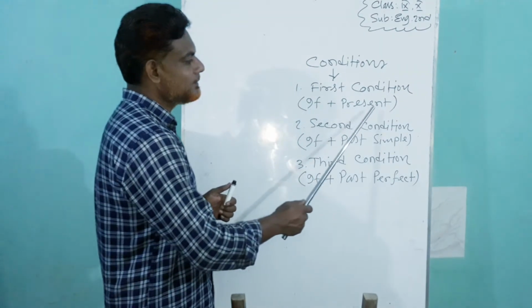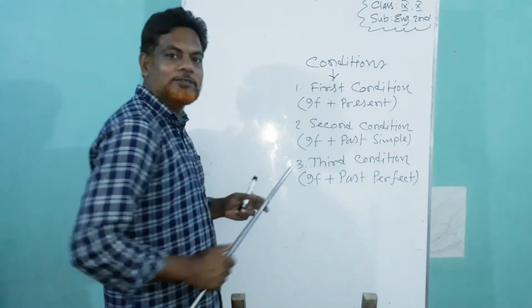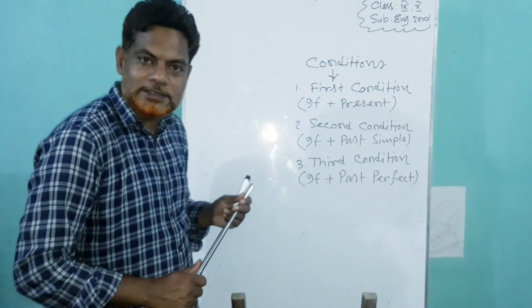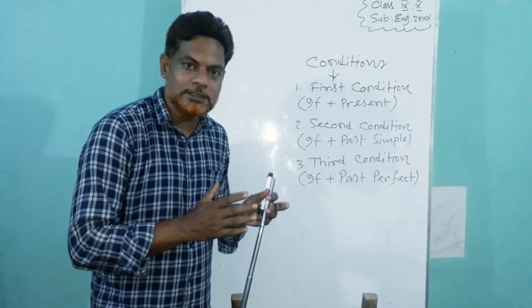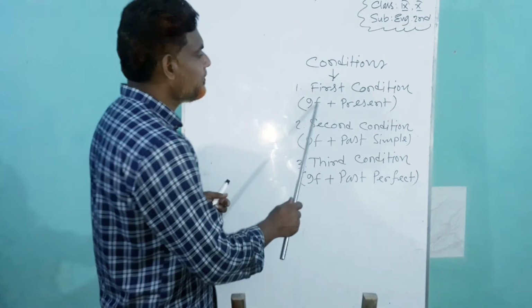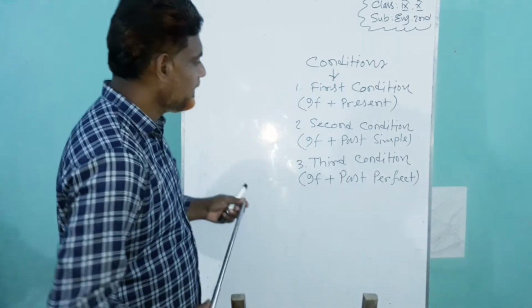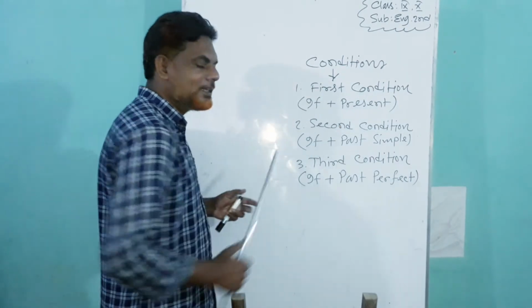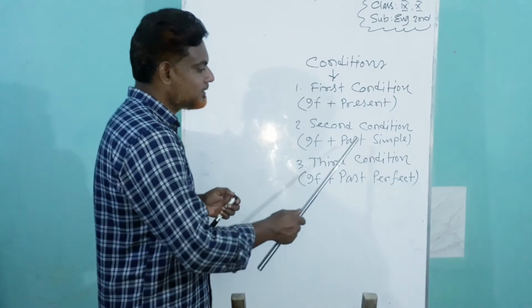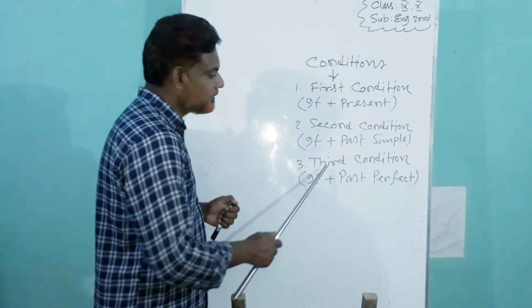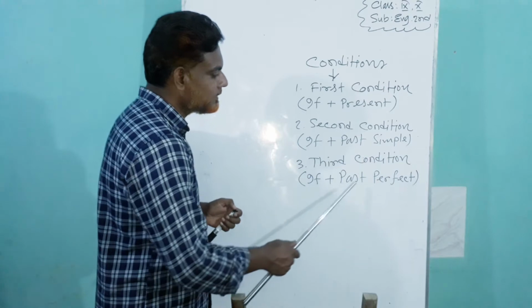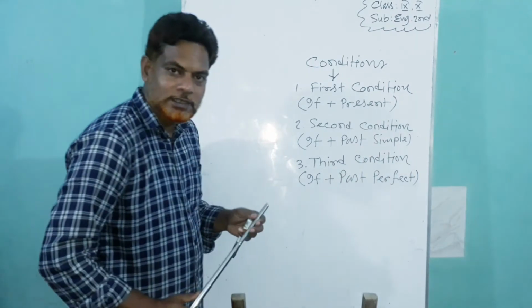If plus present tense. In a complex sentence, if the subordinate clause is first condition, the structure will be if plus present tense. And the structure of the second condition is if plus past simple, and the structure of the third condition is if plus past perfect.